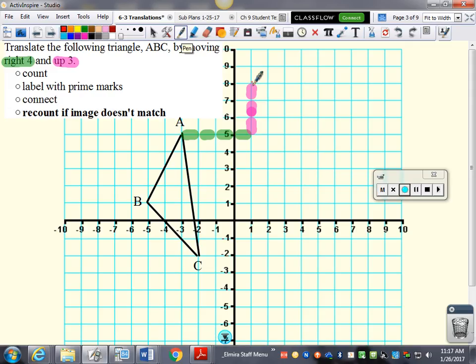We're going to put a point there. We're going to label it as we go, because not labeling loses credit. So A, with a prime mark next to it to show that that's the new A.